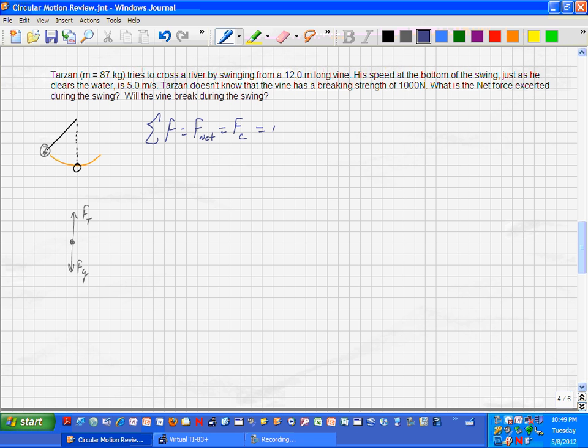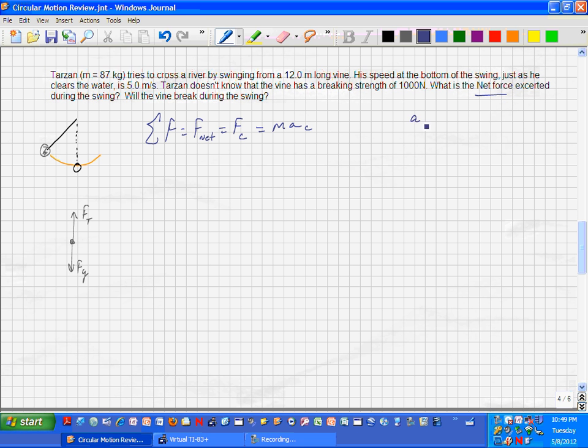So that's going to be equal to mass times circular acceleration. Well, we know the mass of Tarzan. If we could just figure out the acceleration of Tarzan, then we can figure out this net force exerted during the swing.